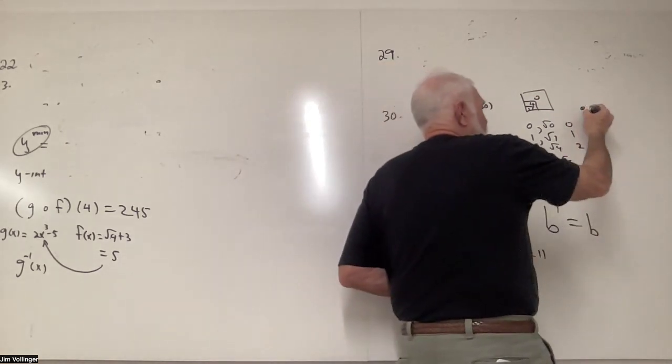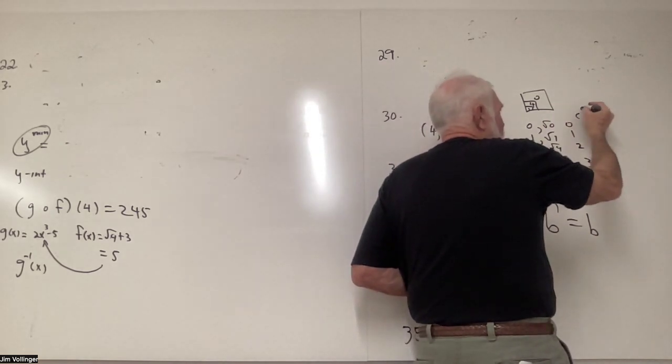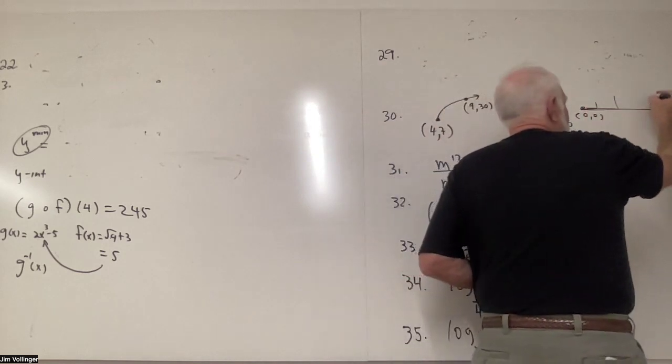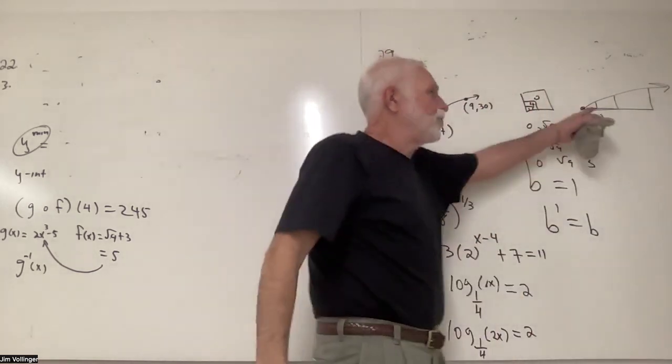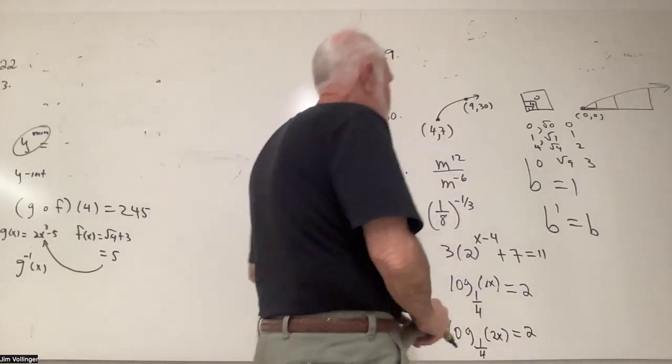So I start at 0 and I get 0. 1 unit of change, I go up 1. 4 units of change, I go up 2. 9 units of change, I go up 3. And I hope you can start to see that trajectory. Just barely, I captured it on the screen.